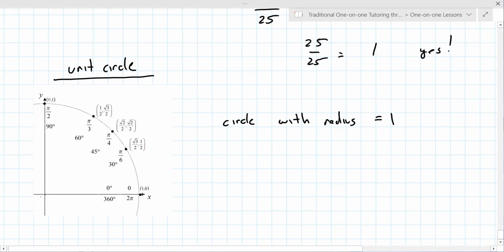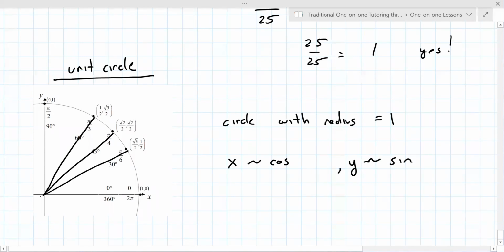And as you mentioned, there are known points along the unit circle. The x value is cosine and the y value is sine. So if I ask you for the cosine of 30 degrees, what I'm really asking for is the x value there.